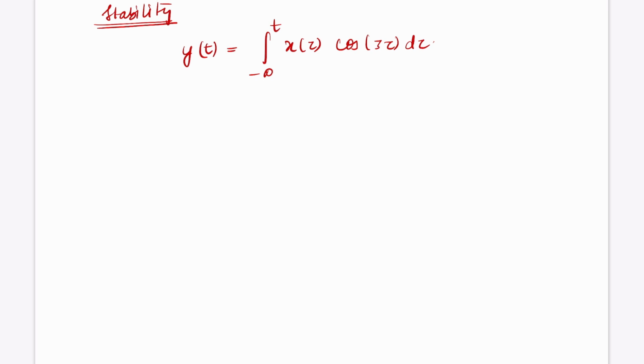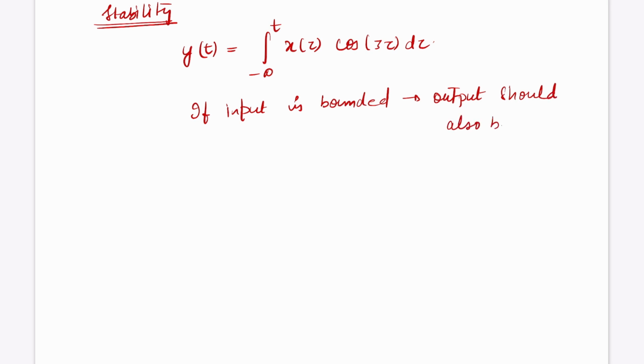In order to check the stability, what stability says is that if the input is bounded, the output should also be bounded. That is the only condition in order to check the stability, which is known as BIBO.